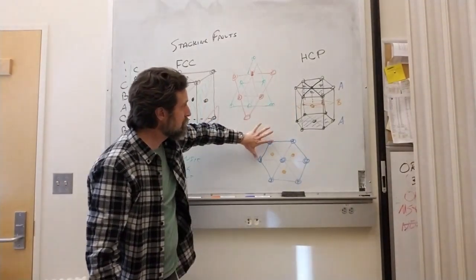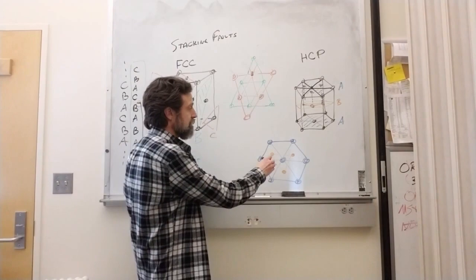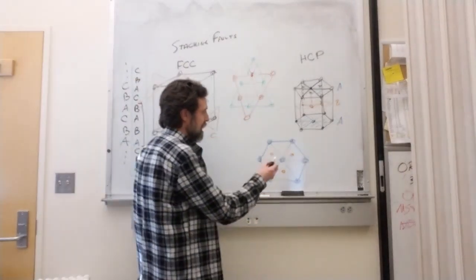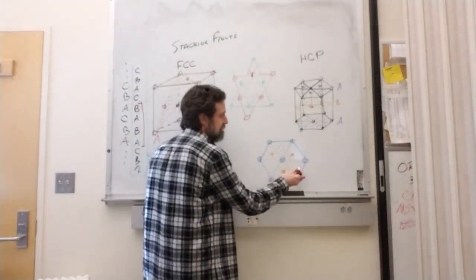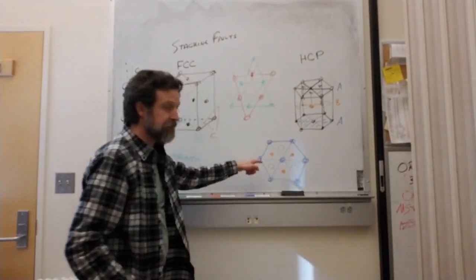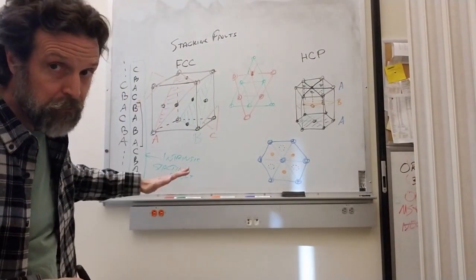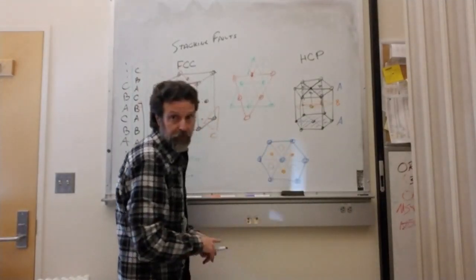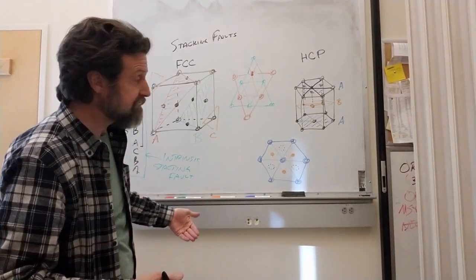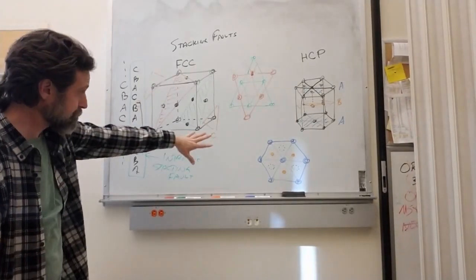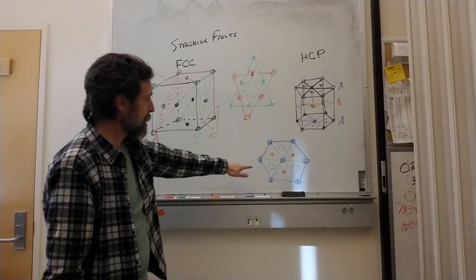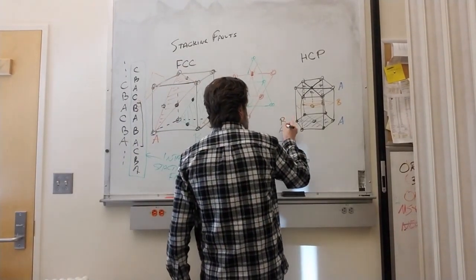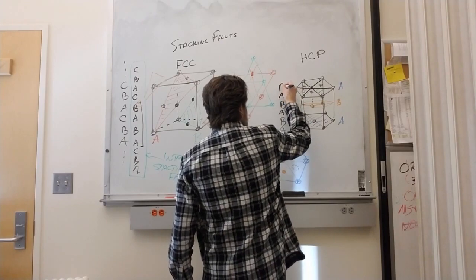If I draw the blue planes and the orange planes on top of each other, again, you'll see that the orange atoms are sitting in the center of the triangles, and now we have these missing holes. In the case of the HCP, those holes will always be missing because the next layer of B goes right on top, and we leave that open. Whereas in the FCC stacking, ABC, ABC, ABC, we have those being filled every third plane. So the stacking sequence is A, B, A.